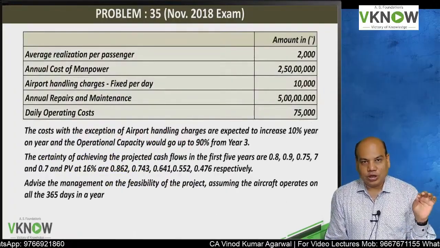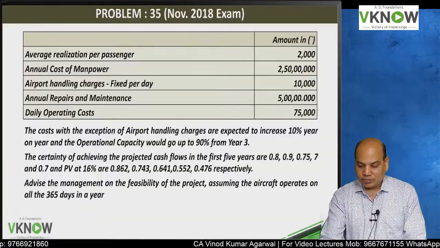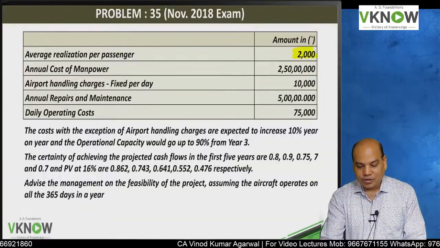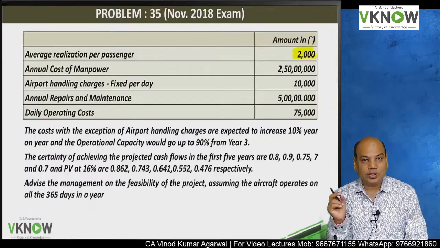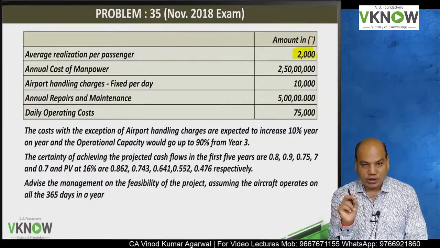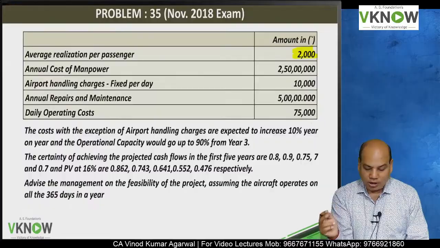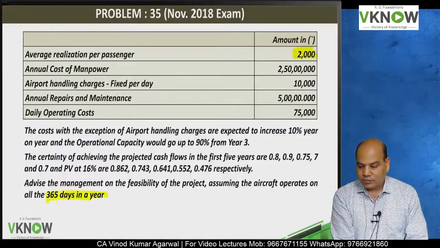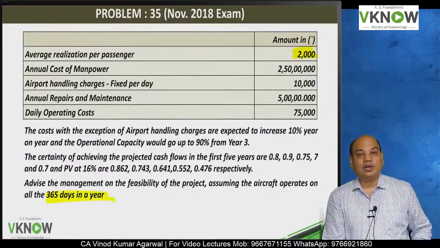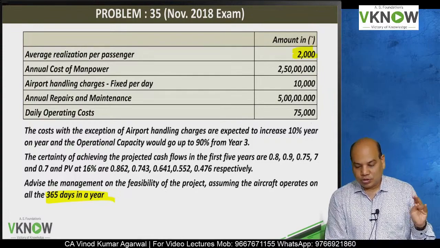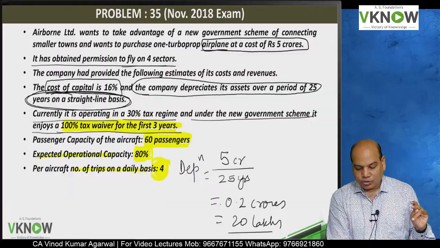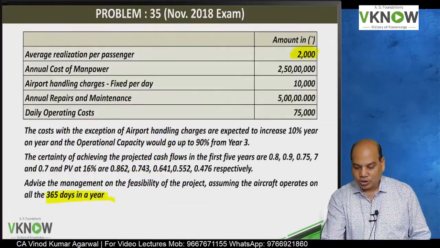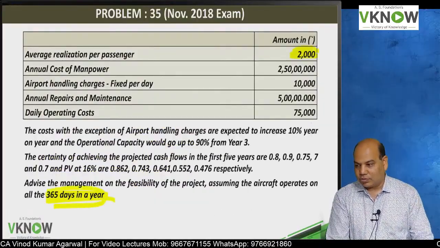After calculating total number of passenger per day, you will multiply by average realization per passenger 2000. So that will give you revenue per day. That will give you revenue per day into 365 days will give you annual revenue. So how do you get annual revenue? 60 passenger into 80% into 4 trips per day into 2000 into 365. Oh my God.